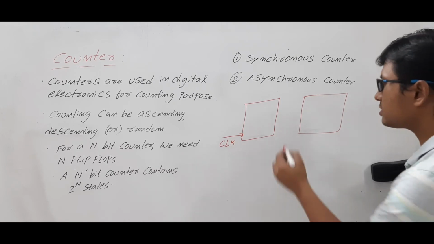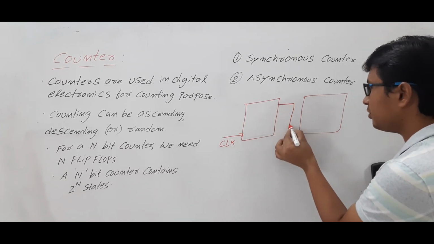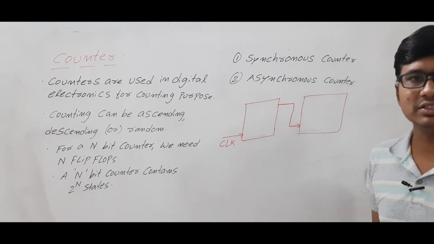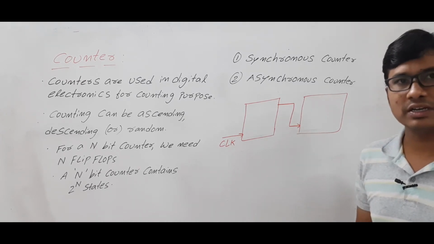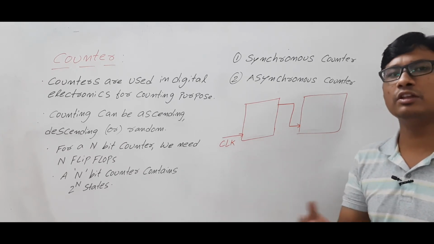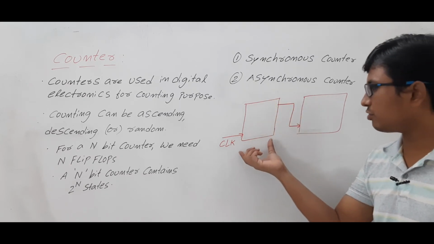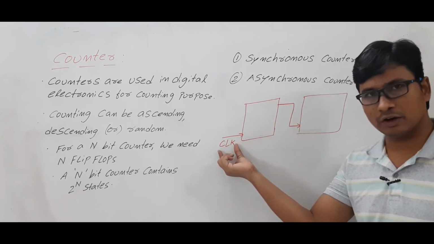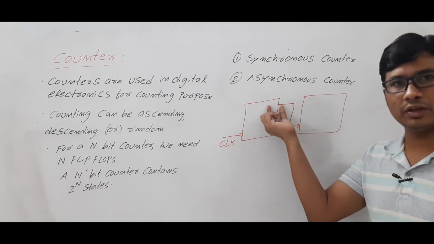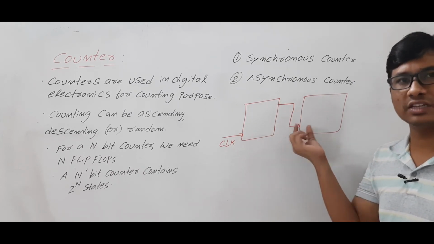For the second flip-flop, the output of the first flip-flop will act as a clock. Are you able to understand? In the synchronous counter, the 2 flip-flops are given the common clock. Whereas in the asynchronous counter, the first flip-flop is given a clock, and the output from the first flip-flop will act as a clock for the second flip-flop.